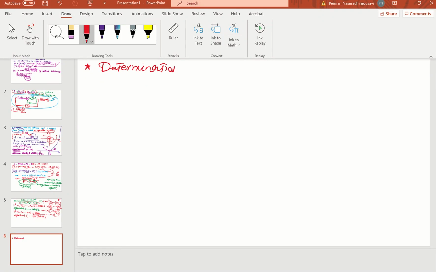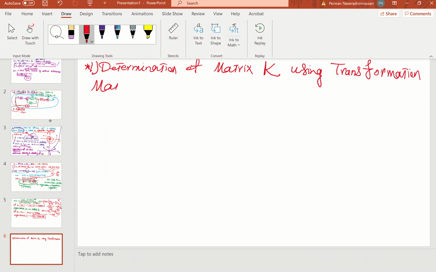Determination of gain matrix K using, this is the first method. We have three methods. Using the transformation matrix T. This is different from the transformation methods of robotics that I'm teaching.